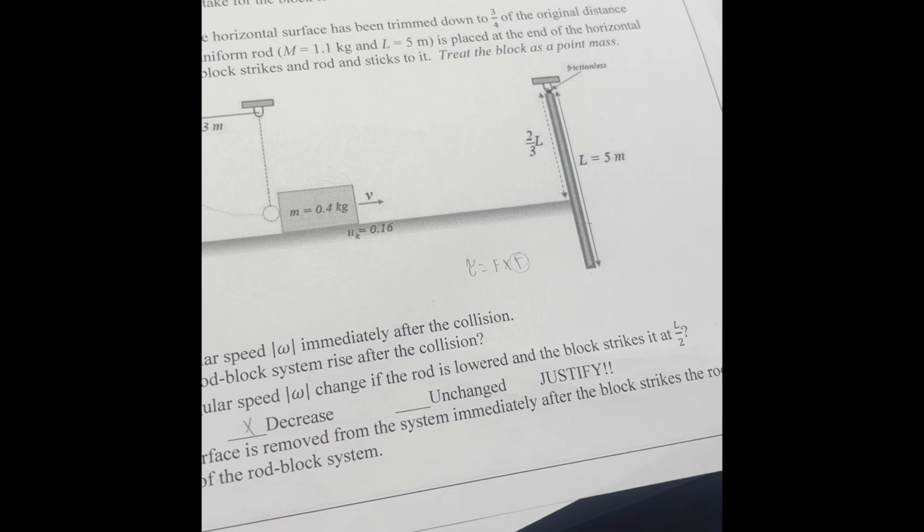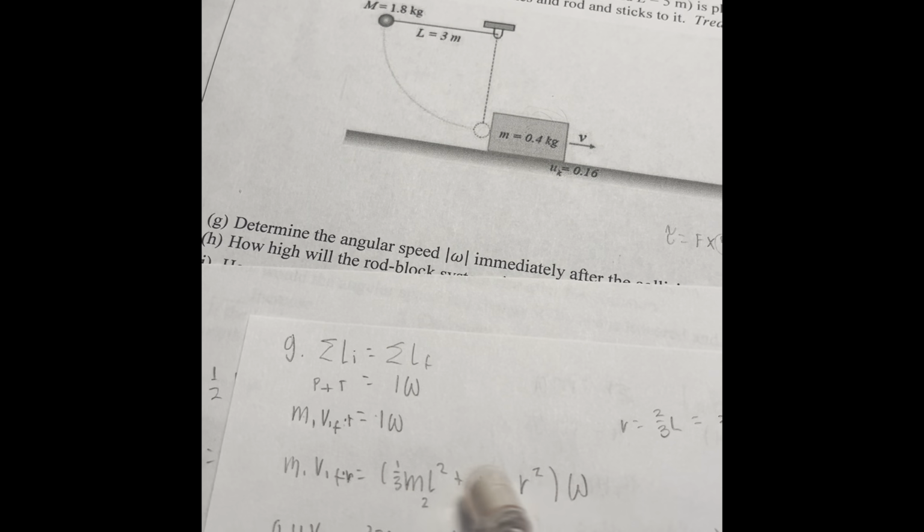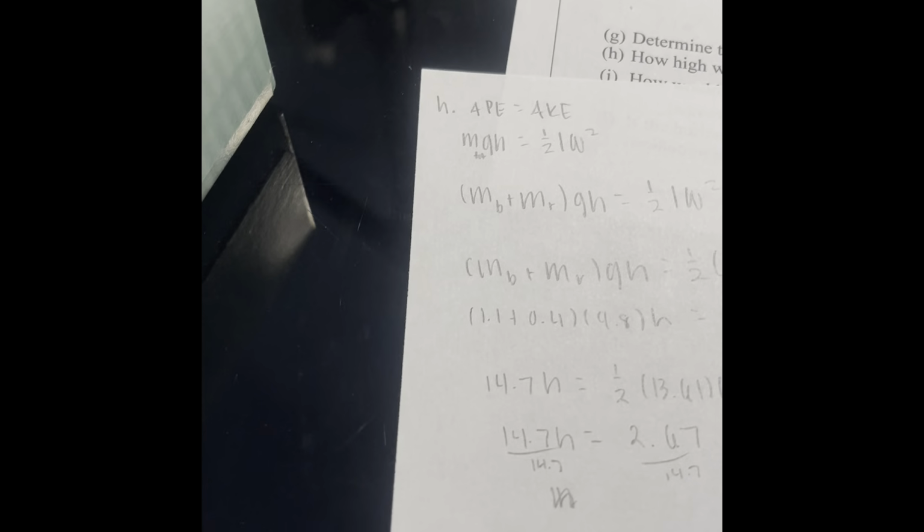So that's how I thought of it, but you could also do it mathematically by setting up conservation of angular momentum again. So you would do m v_f times r is equal to I times omega, and that's just like what we did in part G basically, but then I'm going to replace.